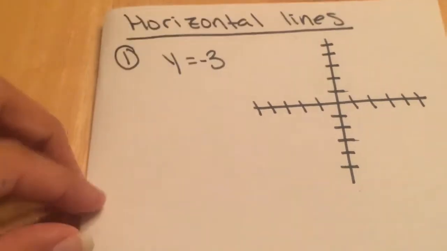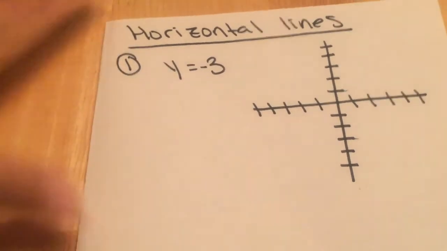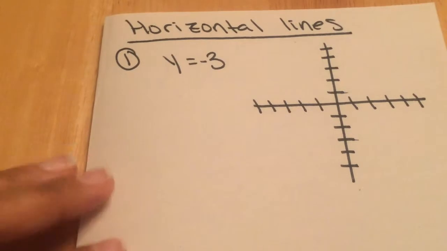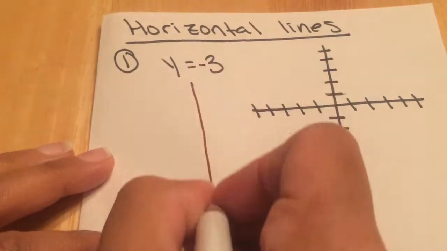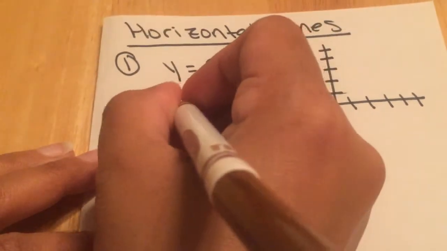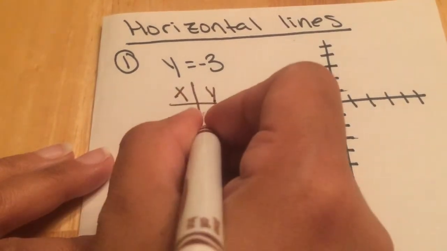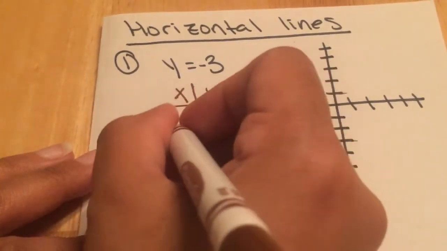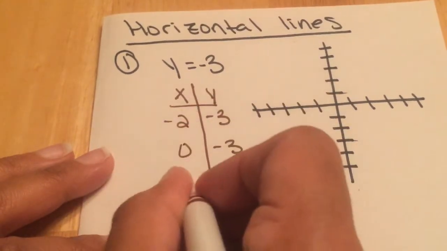If we notice, again, we don't have any x coordinate here or any x term here at all. So just so that we have our visual proof of this, I'm going to start by making my table. All I care is that y is -3. Doesn't matter what my x is.